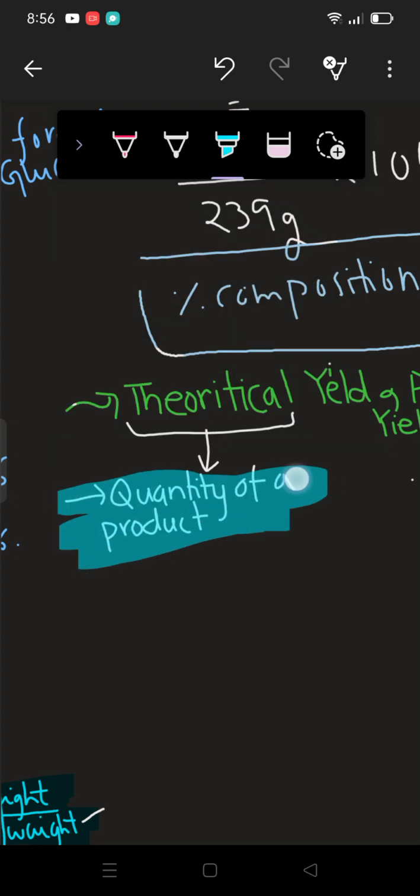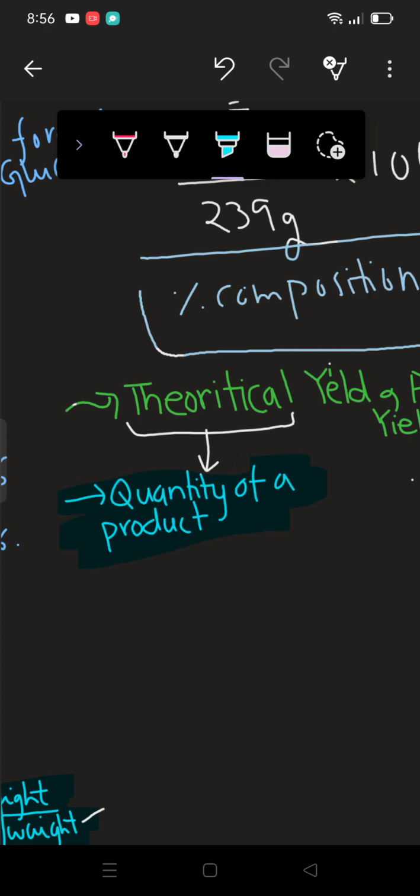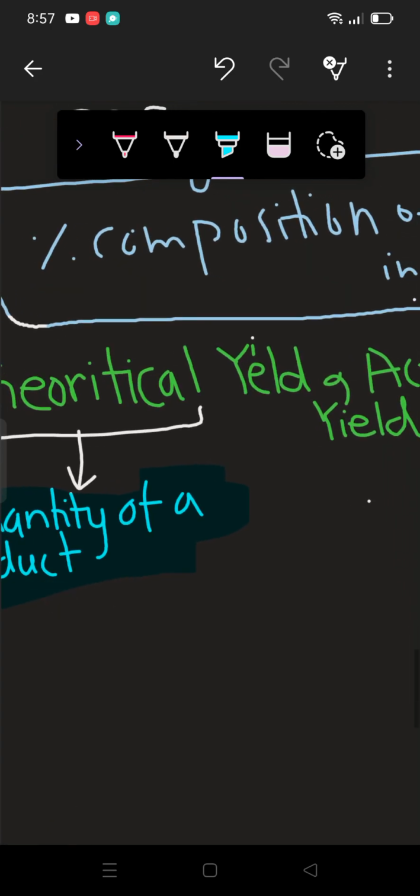And theoretical yield is always, you know what, I'll tell you that when I'll be discussing the practical or the actual yield, right? The quantity of a product that is actually produced in the chemical reaction is what we call the actual yield.